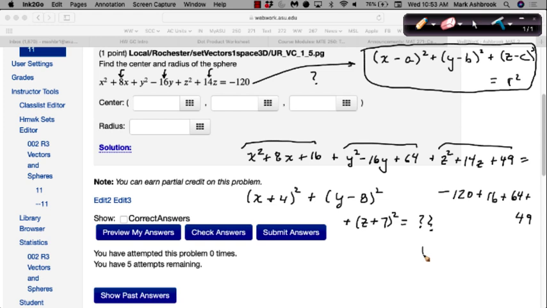But you know that it's r squared, right? Whatever that comes out to be is r squared. And so now you're home free. You just pick off the center and the radius from our convenient form of a circle, a sphere. Questions on that? Yes, please.